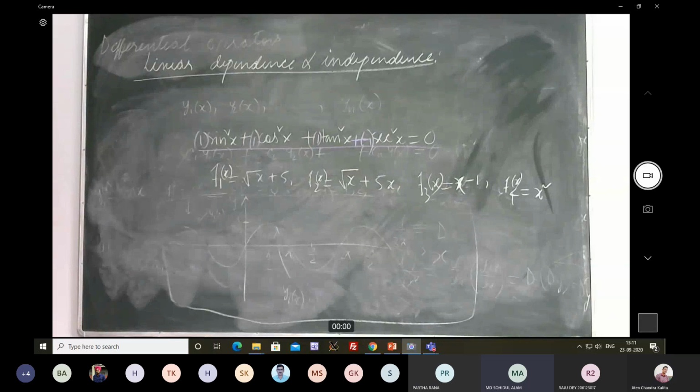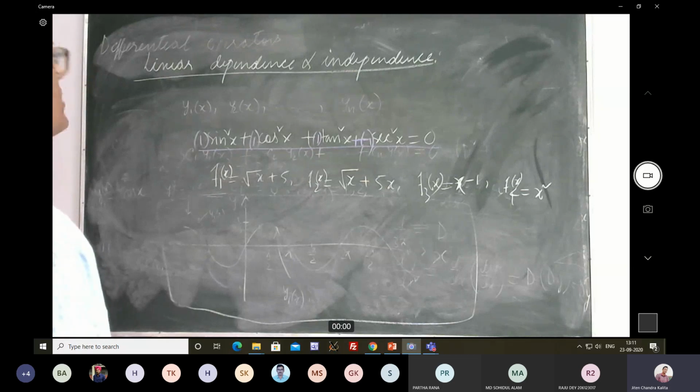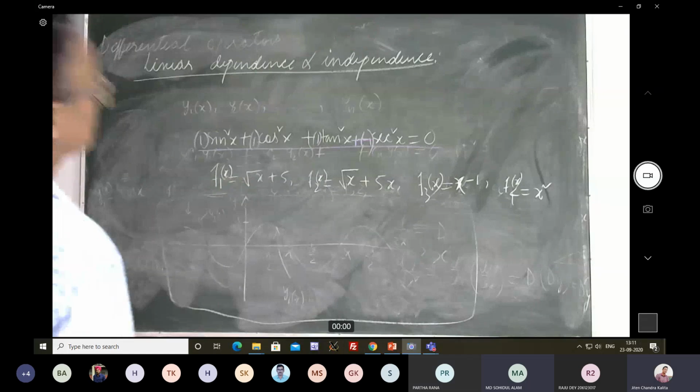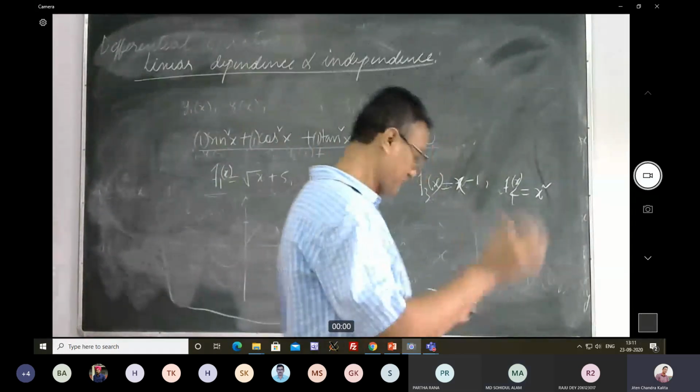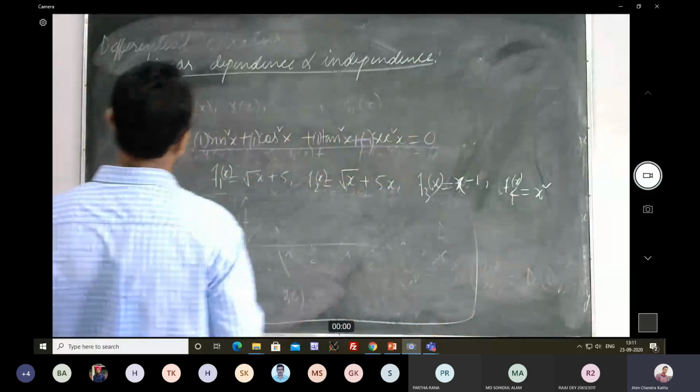F1 plus F2 minus 5 F3 plus 0 F4 equals 0. Definitely you will be able to find a combination which is going to give you 0. The x square term you can always make 0, right? The coefficient you take is 0. That is the simplest thing.